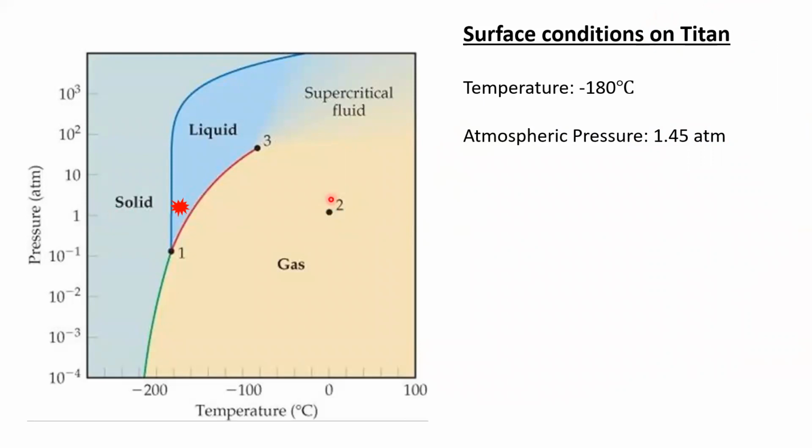That's not a huge difference, but the big difference is the temperature. It's extremely cold on Titan because Titan does not have the type of atmosphere we have, and Titan is also way further from the sun than we are. So the surface of Titan is right about here on the PT diagram, squarely in the liquid portion of the phase diagram. So it's possible for methane to flow in rivers of liquid methane.